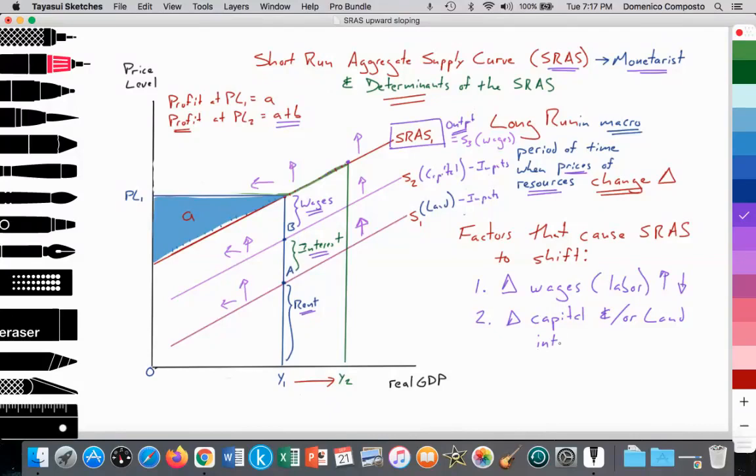Interest is the form of income paid for capital. Change in interest for capital or change in rent for land would also lead to a shift in the SRAS curve.